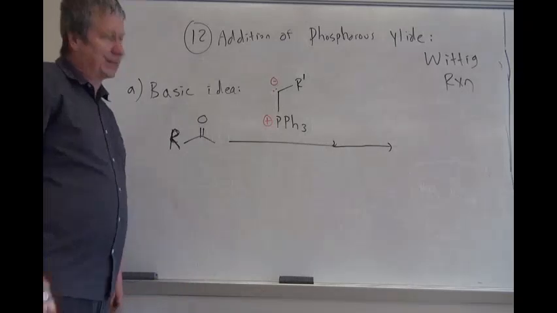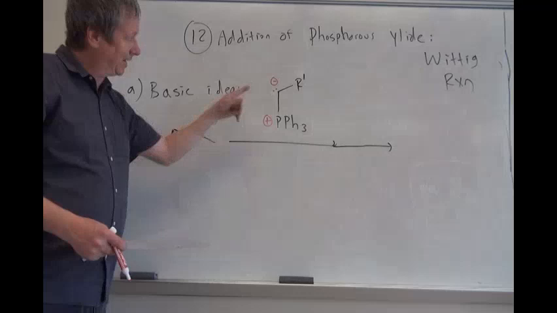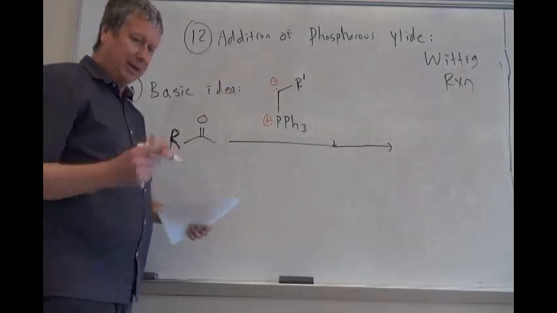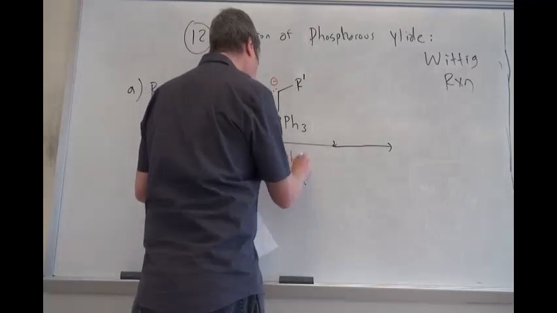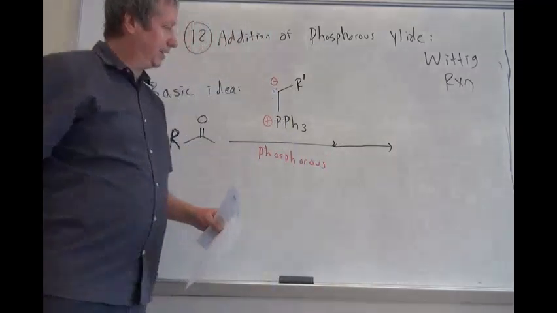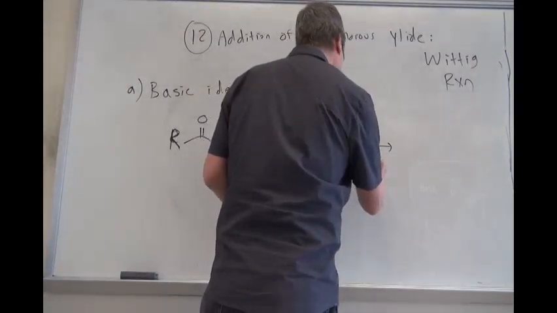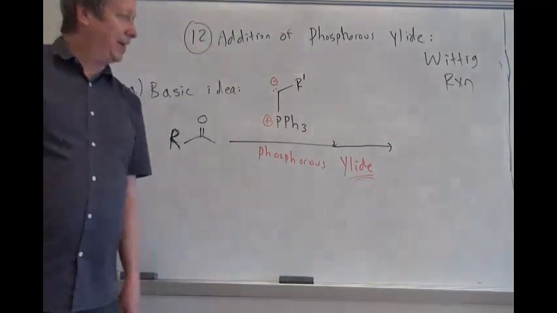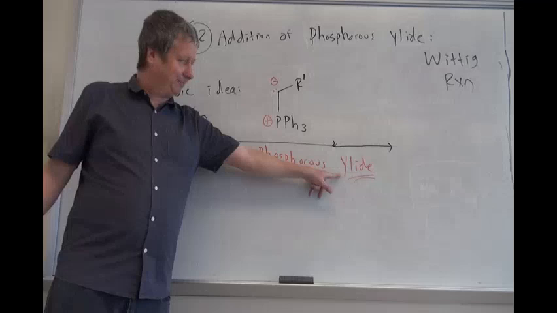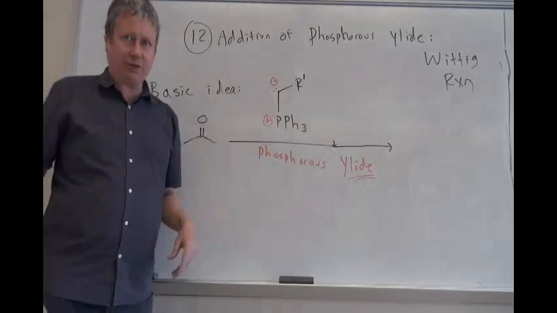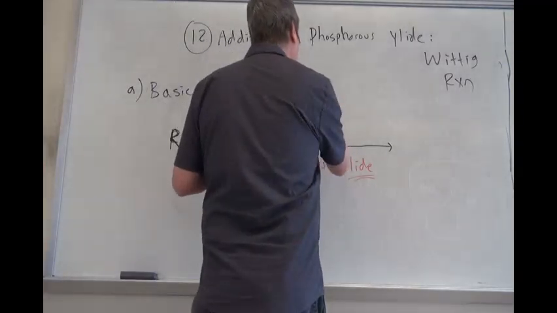So you have a separation of charge. You have a negatively charged thing and a positively charged thing. This is called a phosphorus ylide, Y-L-I-D-E. What is an ylide? It's a molecule with a separated charge like that. You have a negative charge and a positive charge. It's got a nice resonance form.